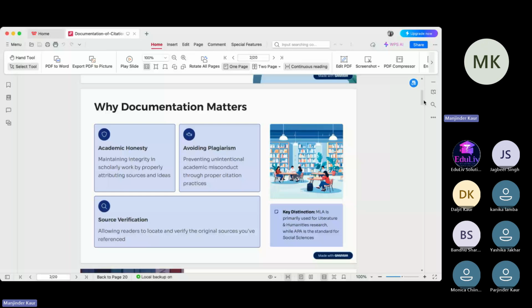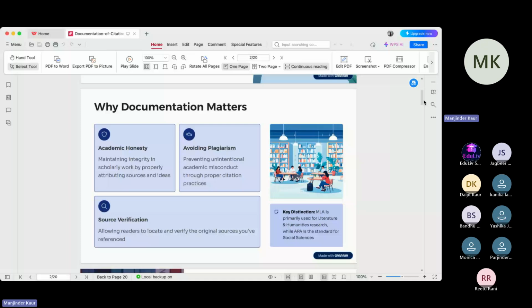Second, as I've already told you, avoiding plagiarism. We avoid willful plagiarism, at the same time unintentional plagiarism also. Sometimes our intention is not to cheat, not to steal, academic theft we call it, right?